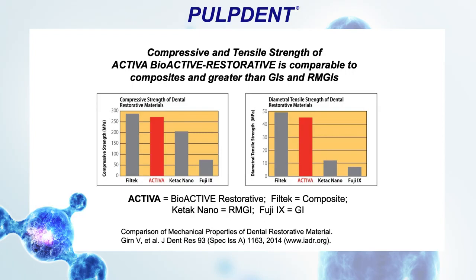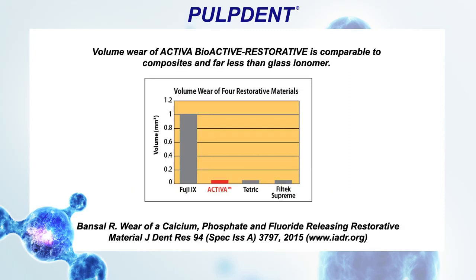It's used as a dentin replacement, which needs a composite material above it or on the surface to withstand the forces of occlusion. Same with tensile strength. ACTIVA and Filtech both have high tensile strength, which means they're similar in this capacity. Glass ionomers have very little tensile strength.